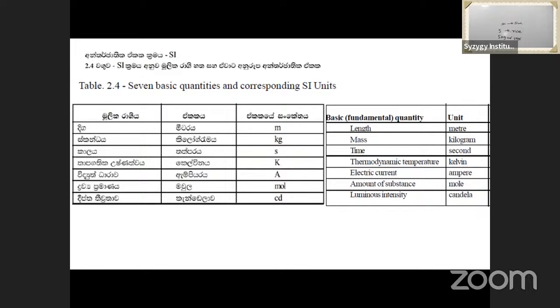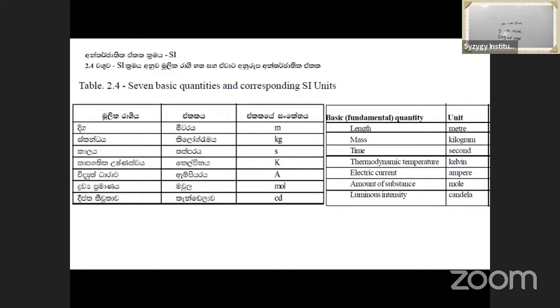Next one, electric current. We have to use ampere. Ampere and Kelvin are names of the persons who introduced these units. Therefore, we have to use block capital letters for Kelvin and ampere, right?